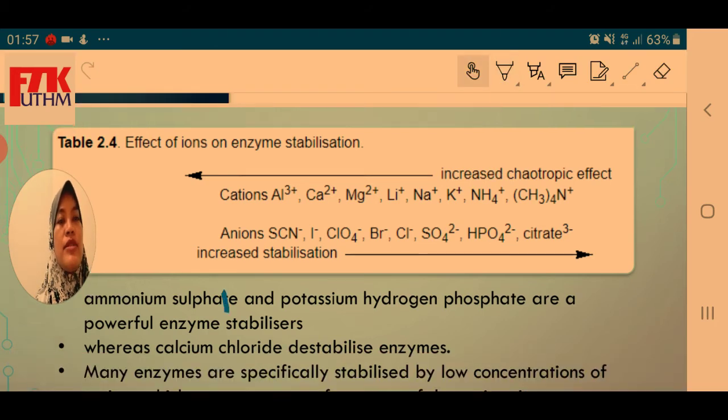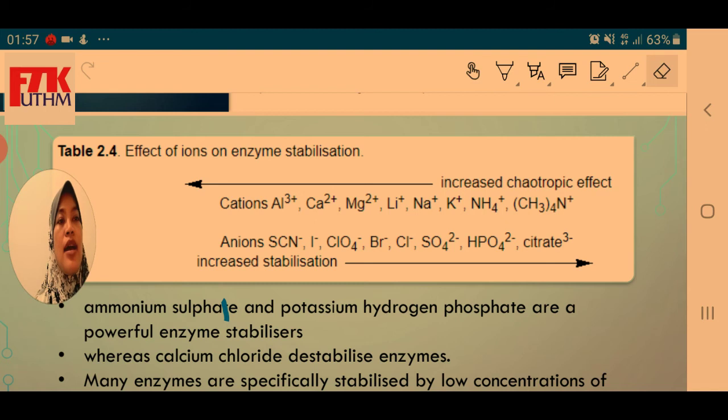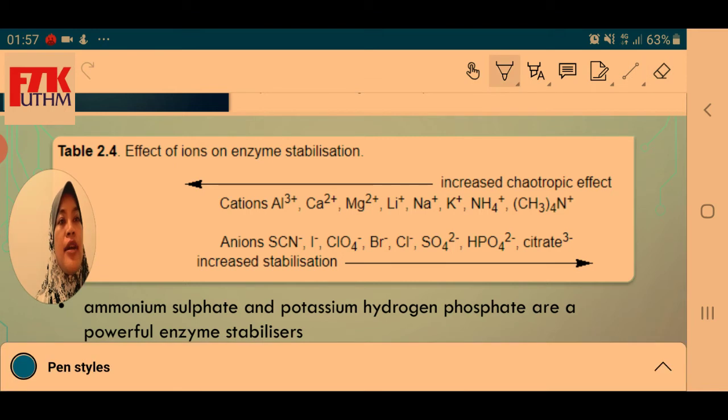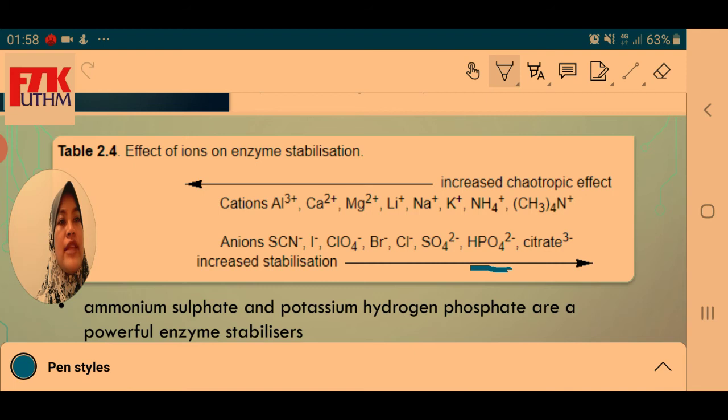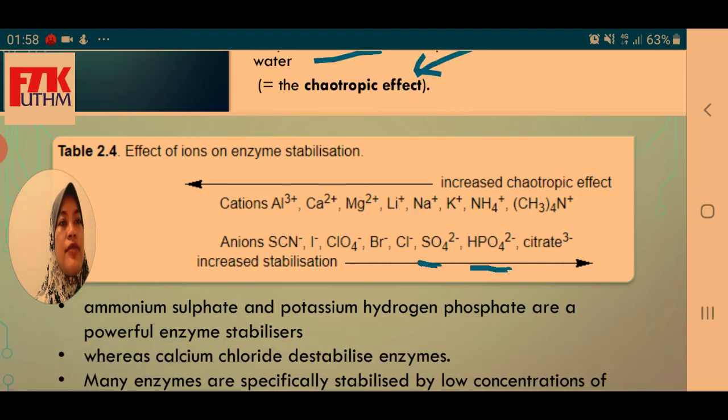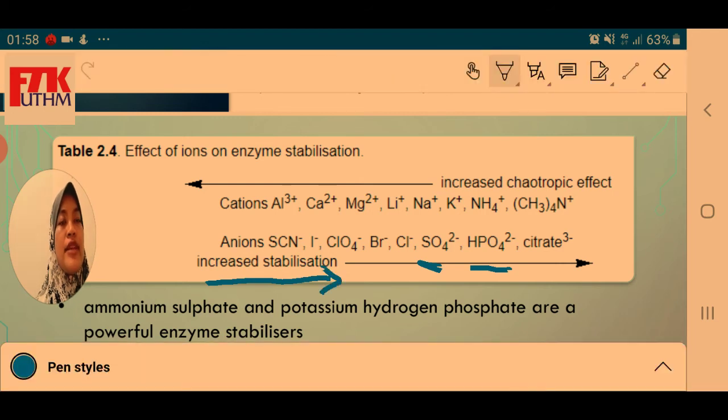Ammonium sulfate and potassium hydrogen phosphate are recognized as powerful enzyme stabilizers. So you can see here hydrogen phosphate, sulfate, they increase enzyme stabilization. Here as well, ammonium, potassium.